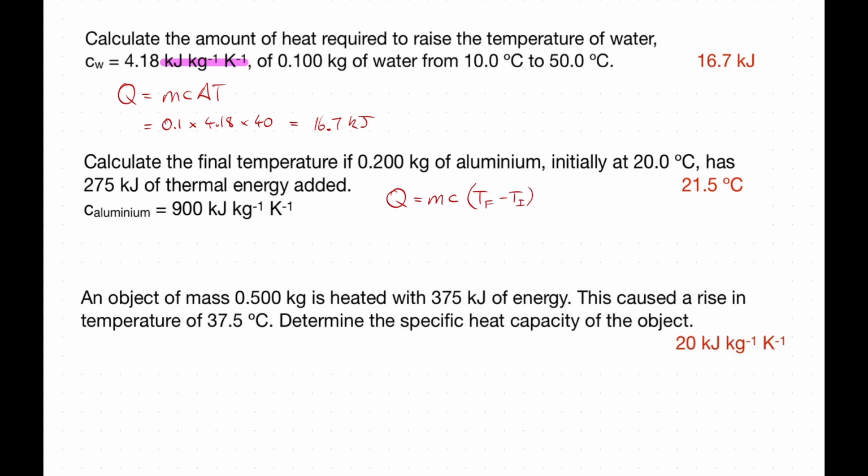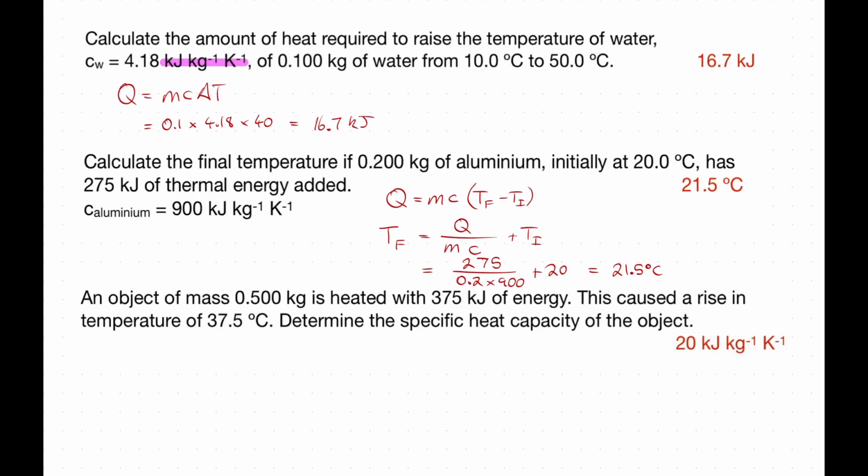We're solving for T final, so T final is going to be equal to Q on MC plus T initial, which is then going to be 275 divided by 0.2 times 900, plus our 20 degrees, which should come out as being 21.5 degrees Celsius.